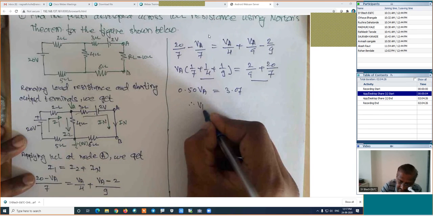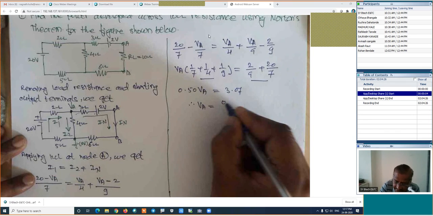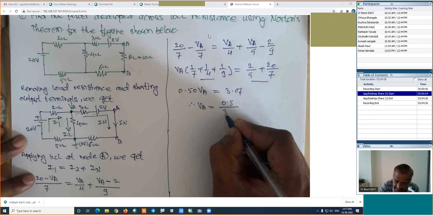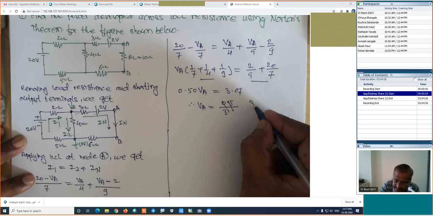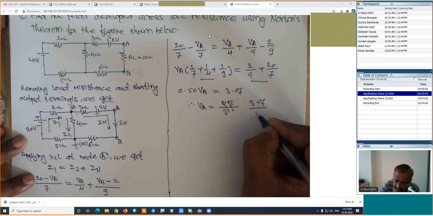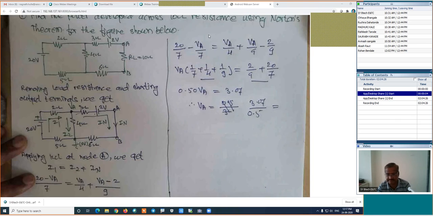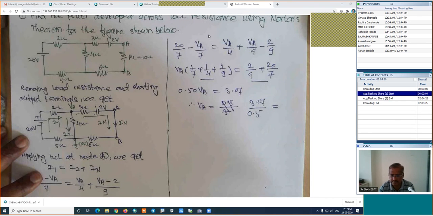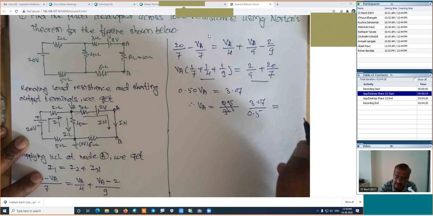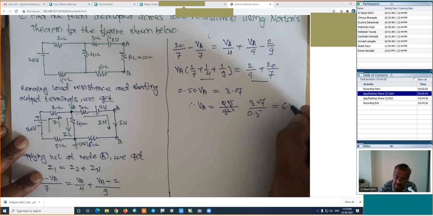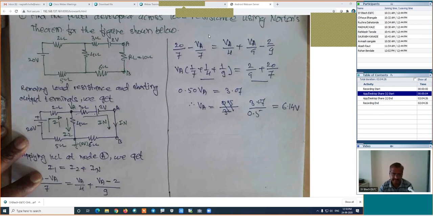Therefore, this VA is equal to 3.07 divided by 0.5. How much is the value of VA? 6.14. 6.14 volt is the value of VA.